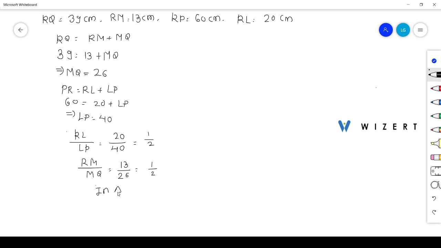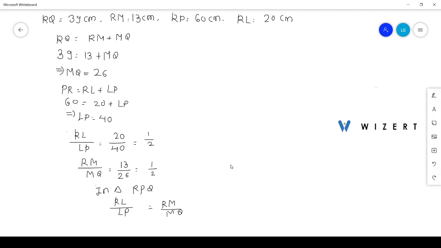So in triangle RPQ, RL by LP equals RM by MQ. So by the converse of the basic proportionality theorem, LM is parallel to PQ.